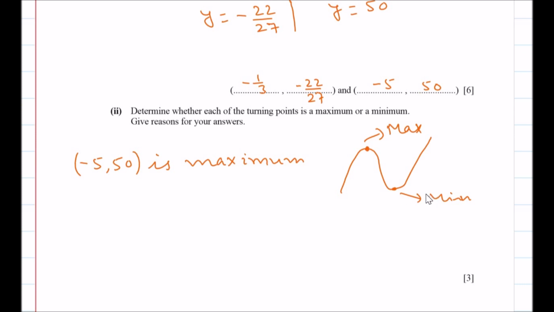And minus 1 by 3 comes to the right side of minus 5, that's why this right side point is minimum. So minus 1 by 3, minus 22 by 27 is minimum.